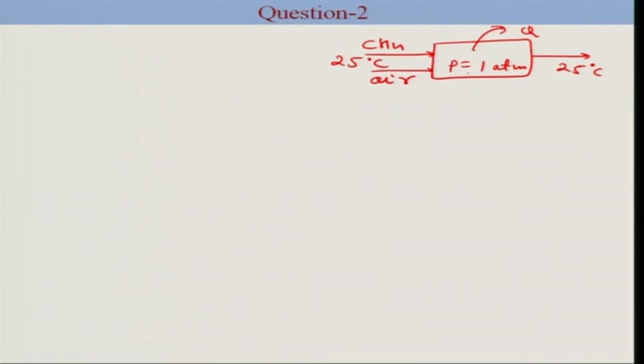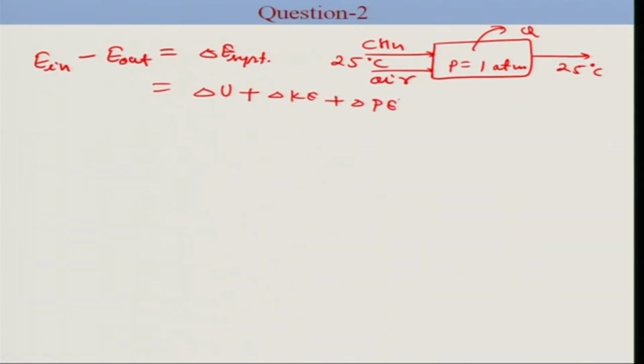So, from the energy balance, what we get, E in minus E out equal to delta E of this system. Okay. And here we assume that air behaves as an ideal gas. And we know that delta E system is nothing but delta of the internal energy plus delta of kinetic energy plus delta of potential energy.